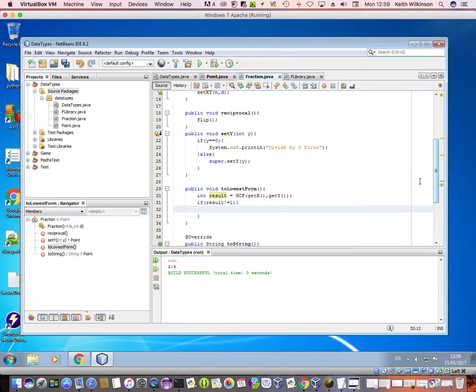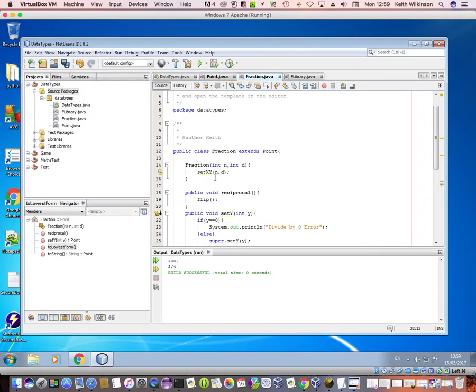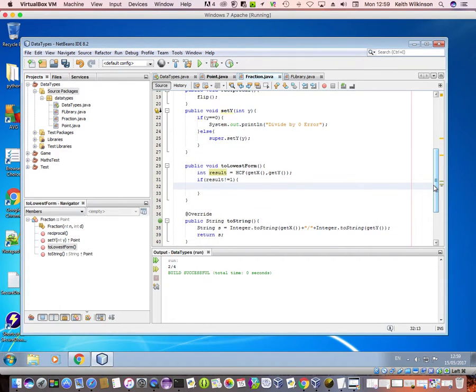So we're going to use one of our methods that we've used before up here with the setXY. So we're going to set both the x and the y at the same time by typing setXY, and what we're going to do is divide the x value by the result and the y value by the result.